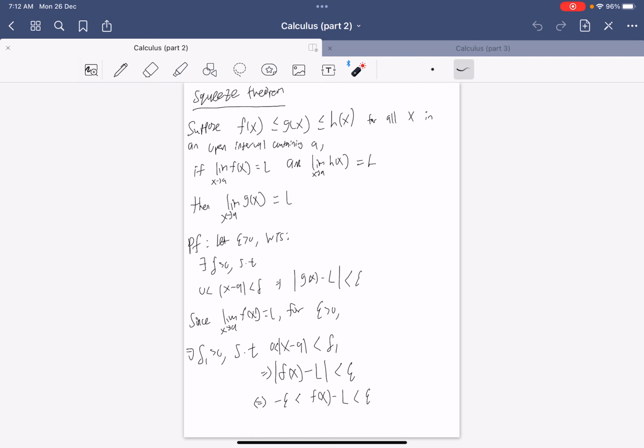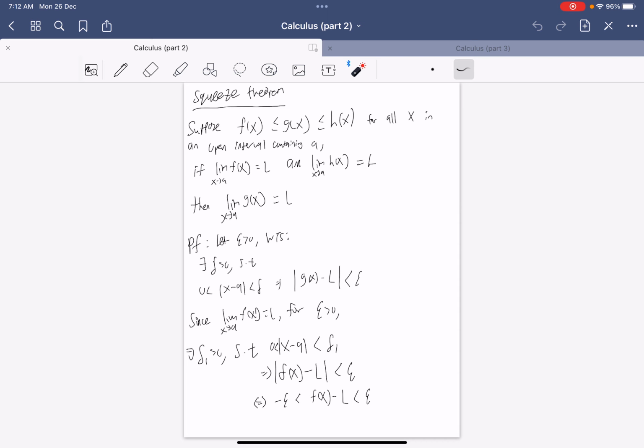Lastly, for the topic of limits, we want to prove this very important theorem to help us prove limits of functions that are very hard to directly use the precise definition. So in this case, if you were to read the textbook, you'll see that they will prove that the limit as x approaches 0 of sine x over x equals 1.